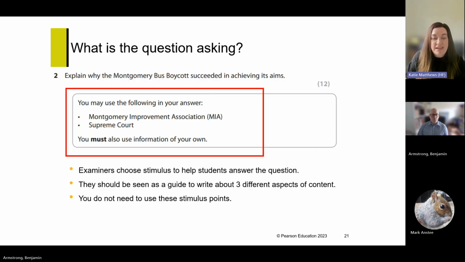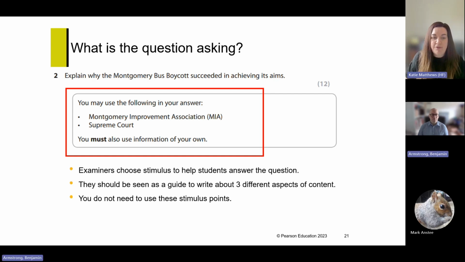You're given 2 stimulus points or 2 bullet points to help you out. You can choose to use them in your answer, but as it says in bold, the examiner's told you you must remember to use your own information as well. The examiners are choosing these to help you. You don't have to use them though if you don't know what they're about.